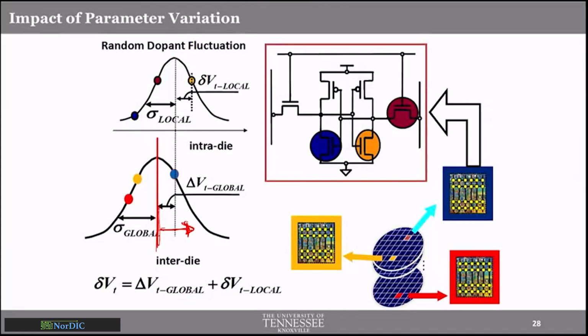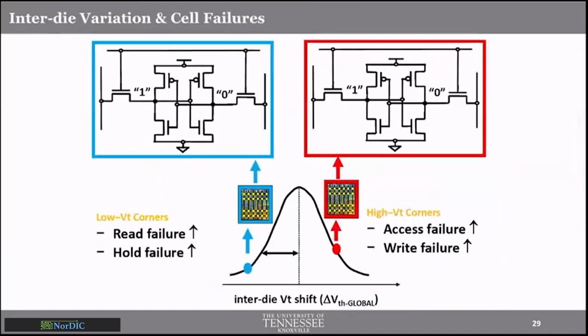You'll notice that having a weak or a strong transistor makes a lot of difference in SRAM operation. If for some reason one transistor is supposed to be stronger, but because of having higher threshold voltage with variation it ended up being weaker, then you can have catastrophic failure in the SRAM operation. So we have to be mindful and careful about the existence of this variation.